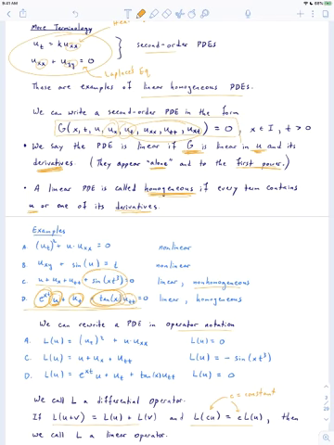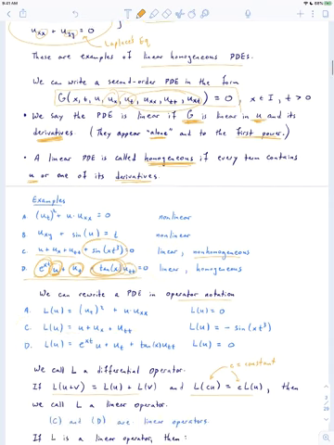If L satisfies these two properties, then it's called a linear operator. So the first one is not a linear operator, and that's why the differential equation is nonlinear. C and D, these are both linear operators, and that's why these are linear differential equations.